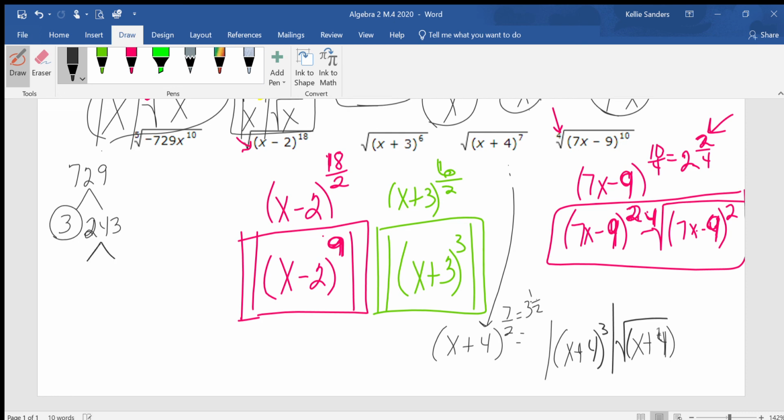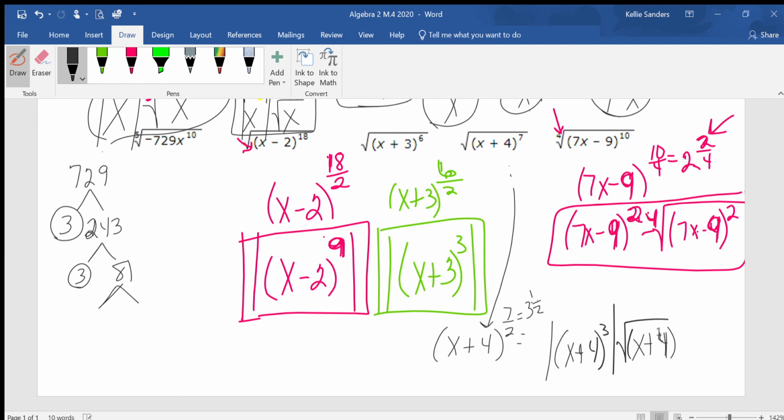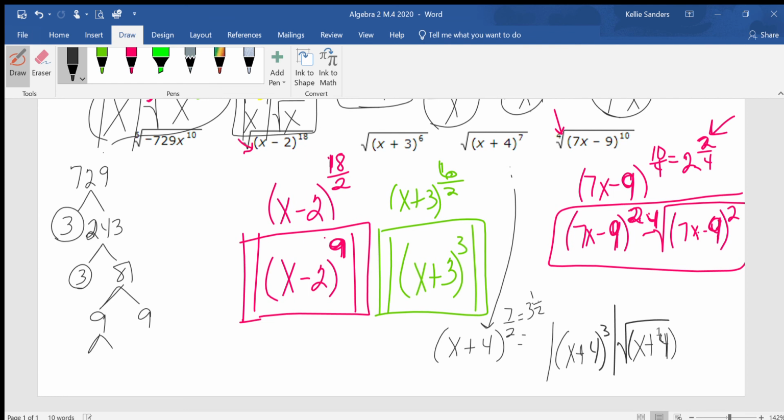Three's finished. 243 divided by 3 is 81. 81 goes to 9 and 9. 9 is not finished. Goes to 3 and 3. Both 3's are finished.